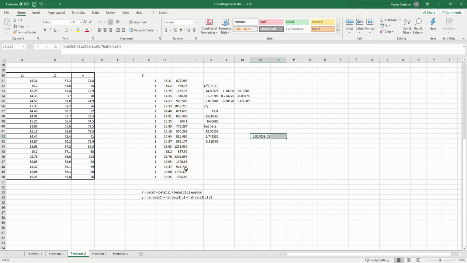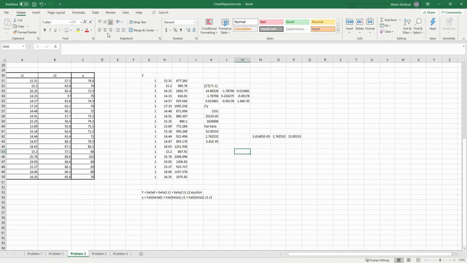Because we have 1, 2, 3 parameters, so 3. As you can see, it is the same as what we got here, which is also expected.